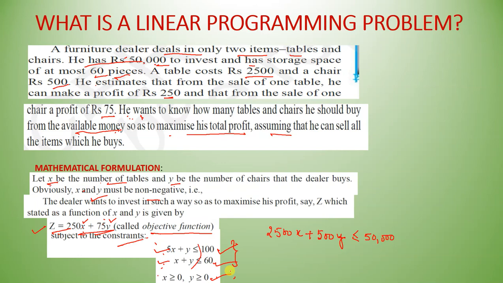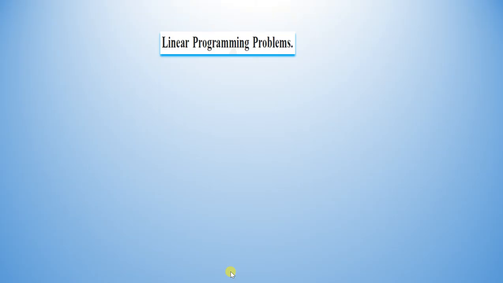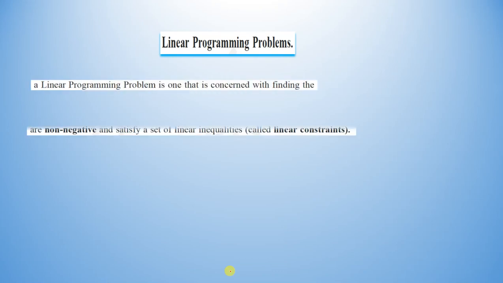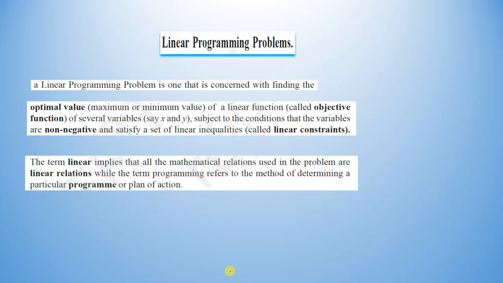Now we will discuss some more terms related to this linear programming problem. So we can say that a linear programming problem, it is one that is concerned with finding the optimal value. Optimal value can be maximum and it can also be minimum, of a linear function, and that linear function is called objective function.